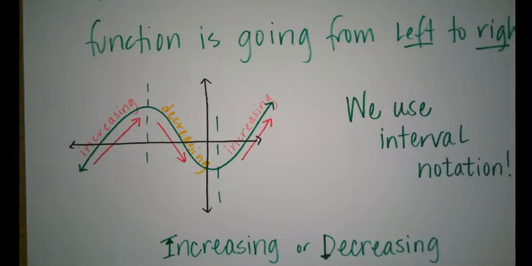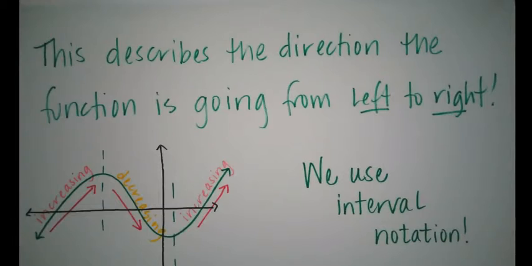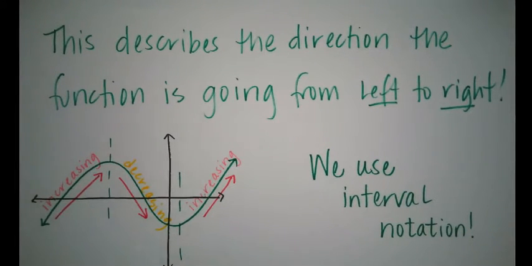So when we do increasing and decreasing, we're following the graph from left to right, and we're describing the direction, whether the function is going up is increasing or down would be decreasing.